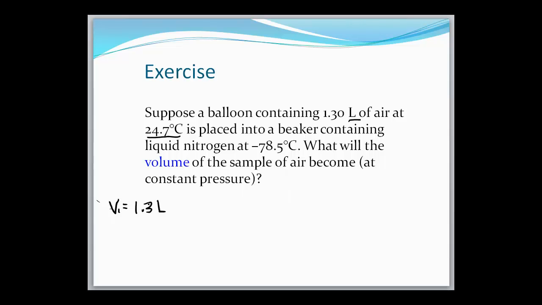It's at 24.7 degrees Celsius, so T1 is equal to 24.7 degrees Celsius. It's placed into a beaker containing liquid nitrogen at our new temperature, negative 78.5 degrees Celsius, and now we're trying to calculate the new volume.